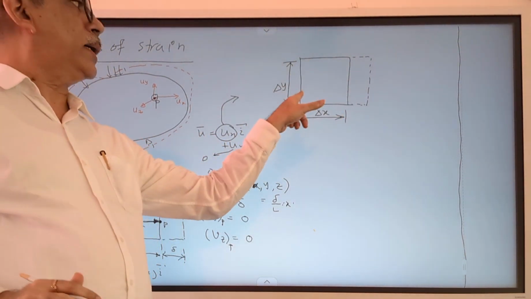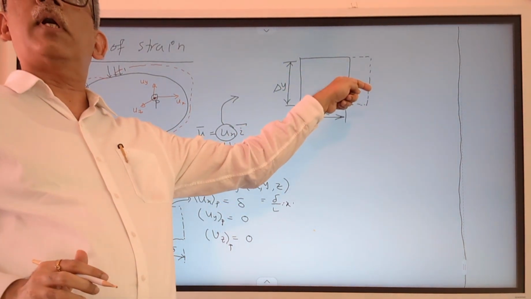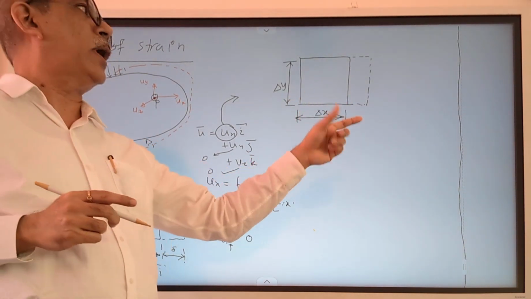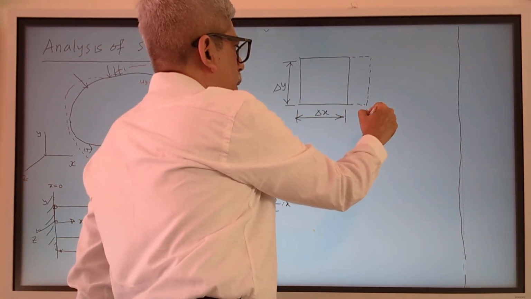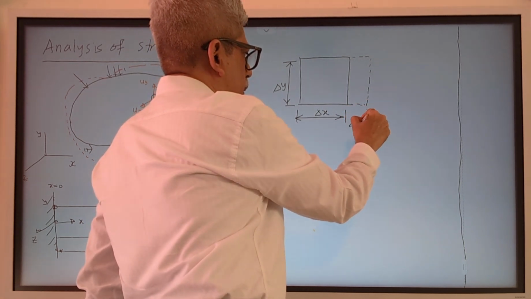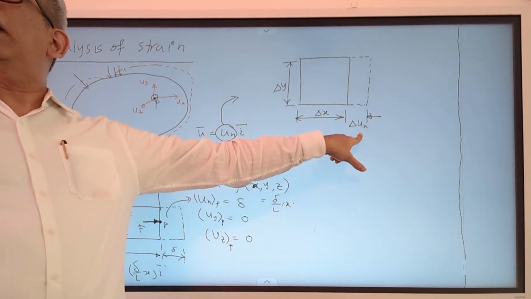Whenever you elongate, this left point is also going to get some ux, right point is also going to get some ux. The difference between them is the net elongation of this particular bar. So let me call this delta ux. ux is the notation for displacement in x direction.